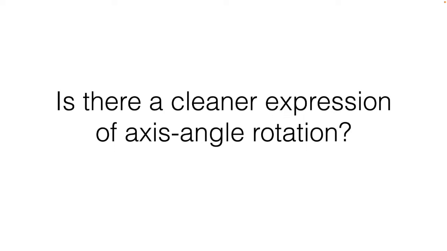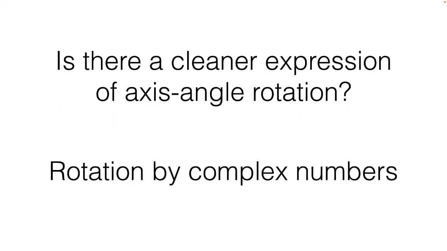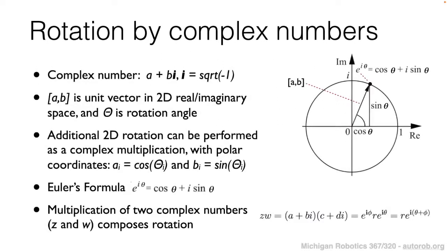In particular, this approach is going to be using rotation by complex numbers. Before we look at the case of rotation within 3 dimensions, let's first consider rotation by complex numbers in 2 dimensions. As a brief refresher, you'll remember that a complex number can be expressed as a real component plus an imaginary component.